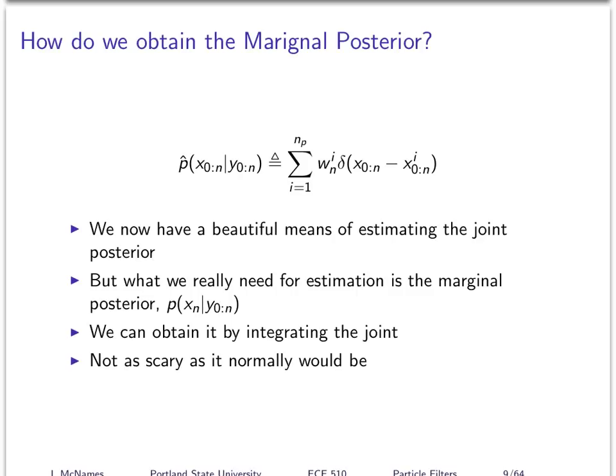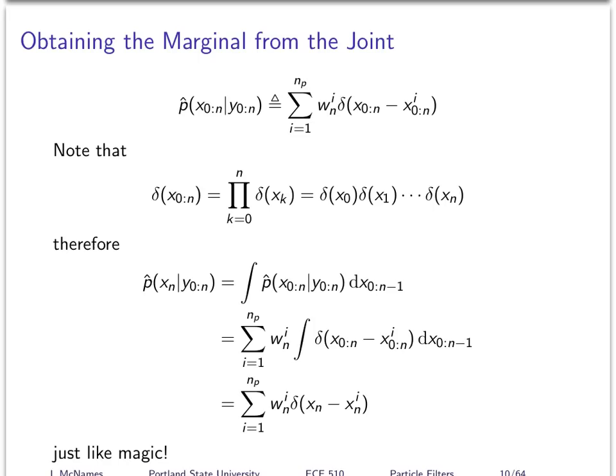But then you say, okay, but James, I want to estimate what the state is at time n. Tell me, how do I calculate the state at time n? How do I calculate that estimate? Where does that come from? And it turns out that that's easy when you've got this representation. That's one advantage of working with these particles. Thinking of the PDF as impulses.